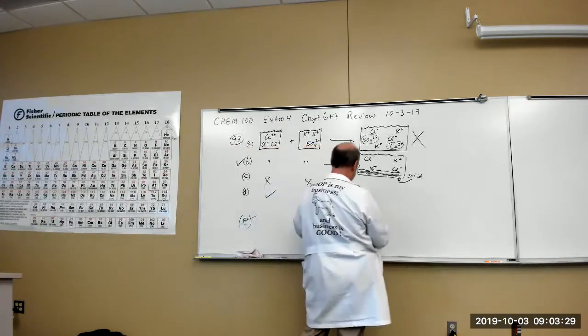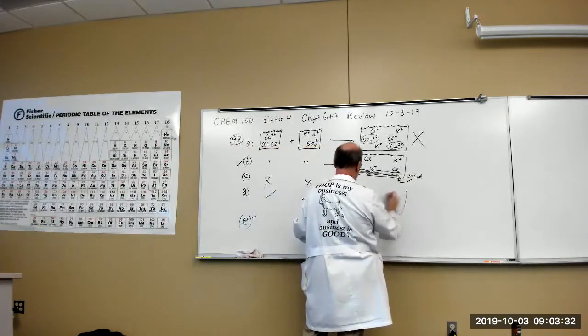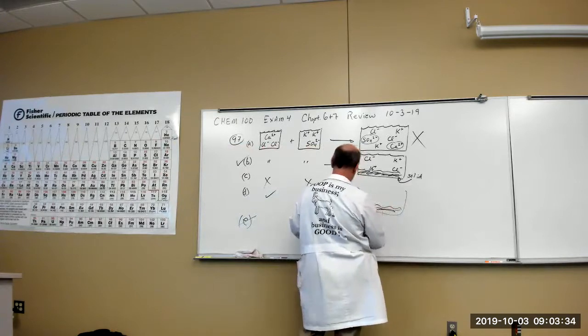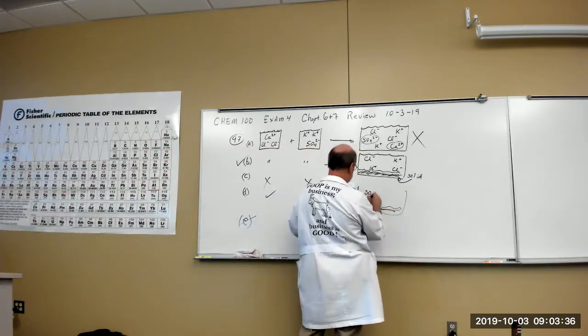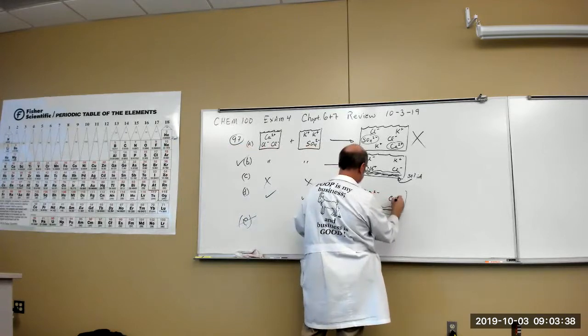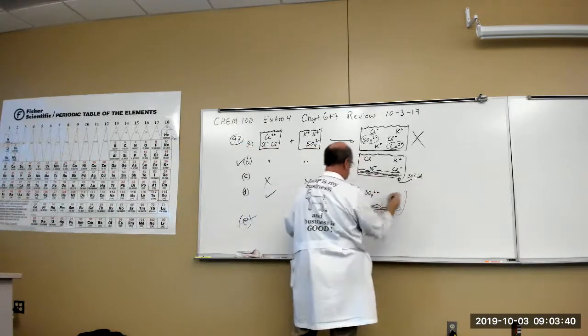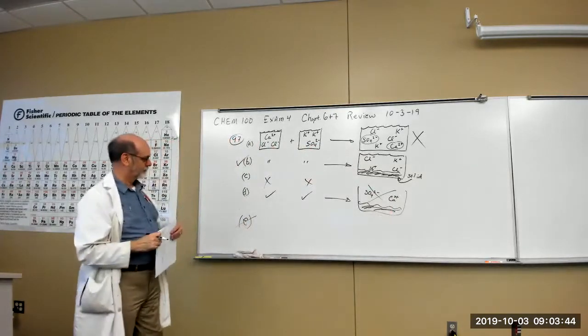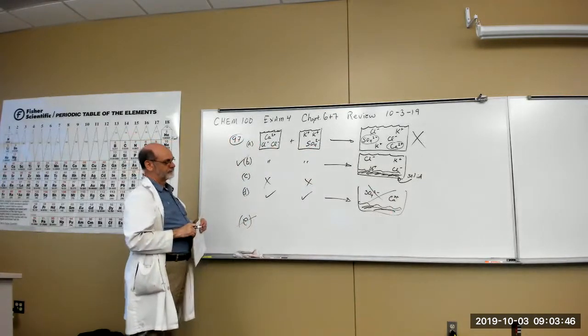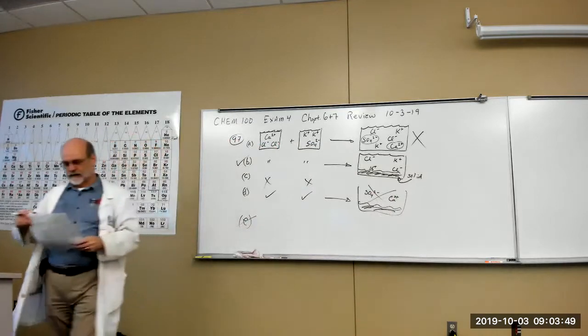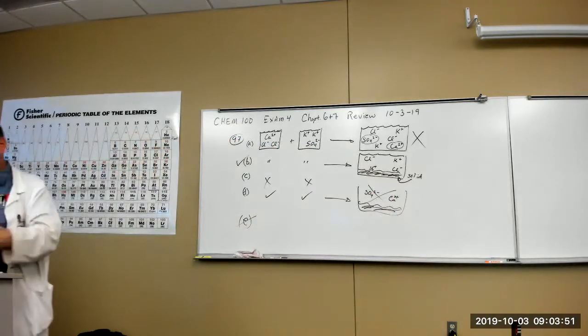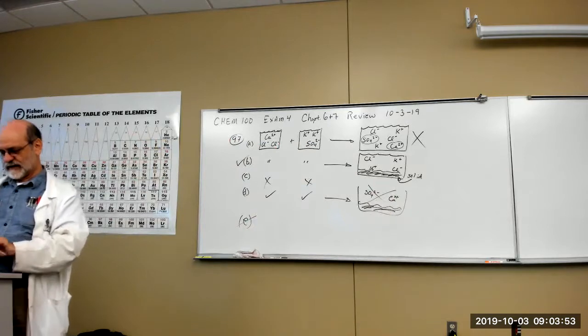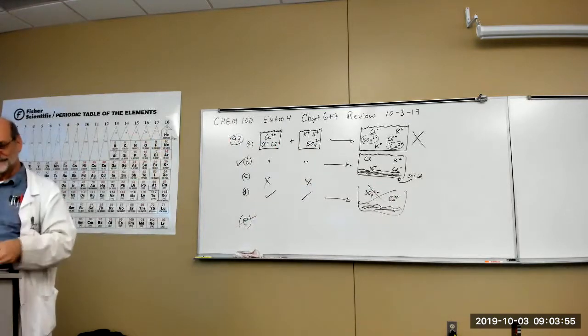So the product says you have solid on the bottom, and you have sulfate in solution, calcium in solution. That's wrong, because we know they precipitate. Okay. So that's how to interpret those figures.